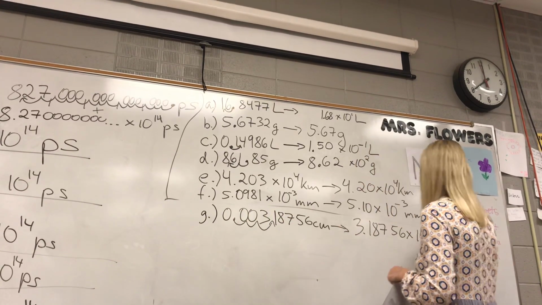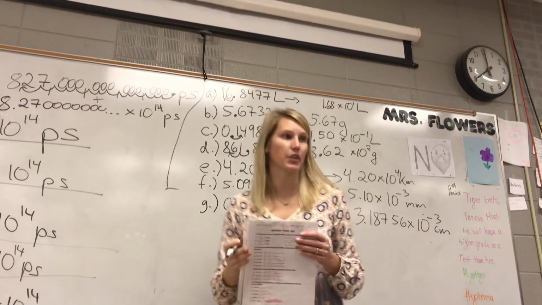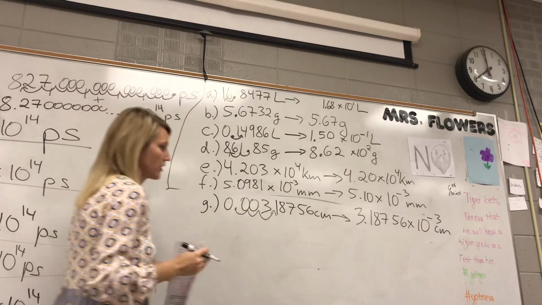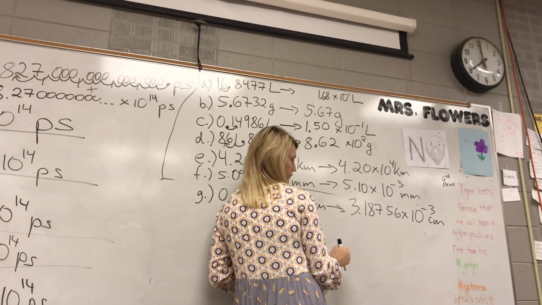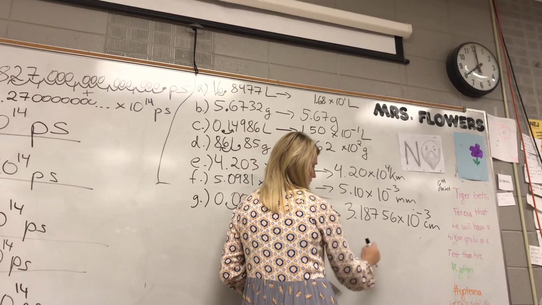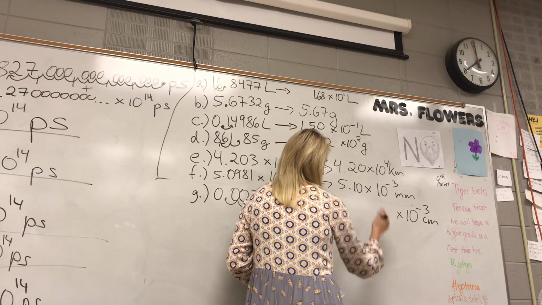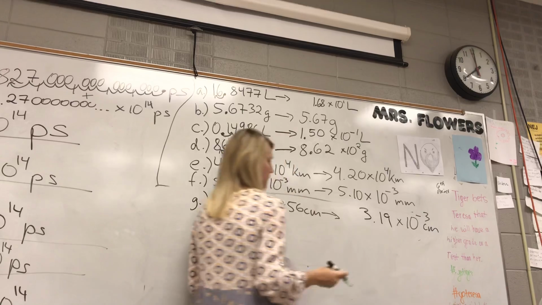Negative what? Excellent. All right, now, Connor, how can you reduce that to 3 significant figures? 3.18. Oh wait, 3.19. Yep. 3.19 times 10 to the -3.